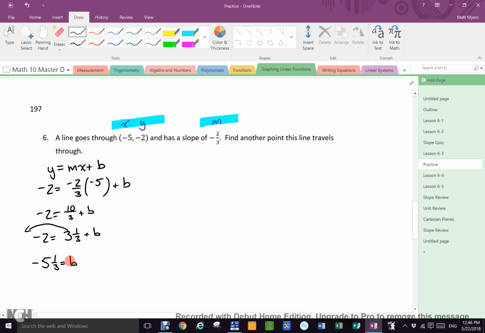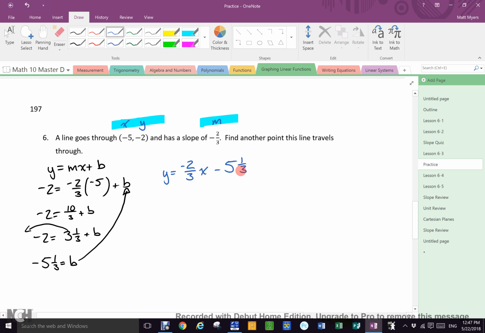Is there anywhere on the screen that you see an unknown b? Right there, correct? So that gets me y equals -2/3 x minus 5 1/3, correct?